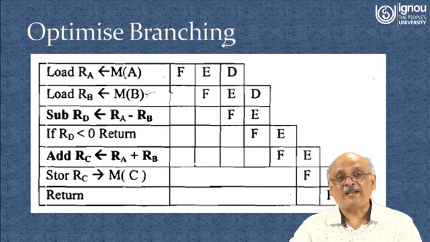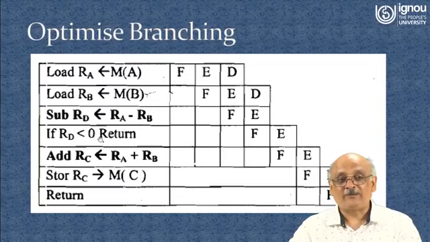However, you can optimize this particular branching because the branching is taking place on the basis of subtraction, and that subtraction can happen one instruction before, because the decision is not taking place on addition. Therefore, these 2 instructions can be moved before, and this situation is to be created by the compiler.